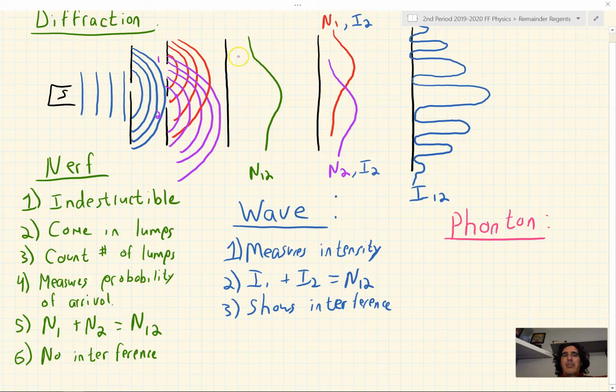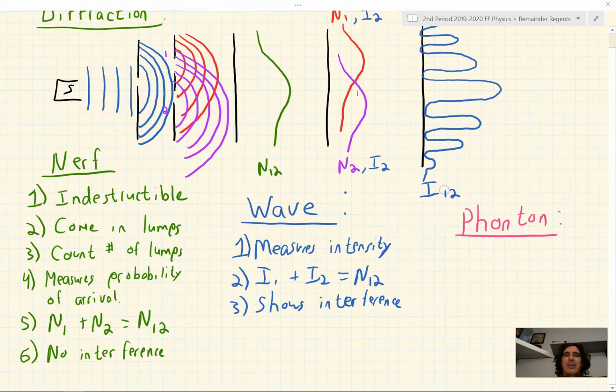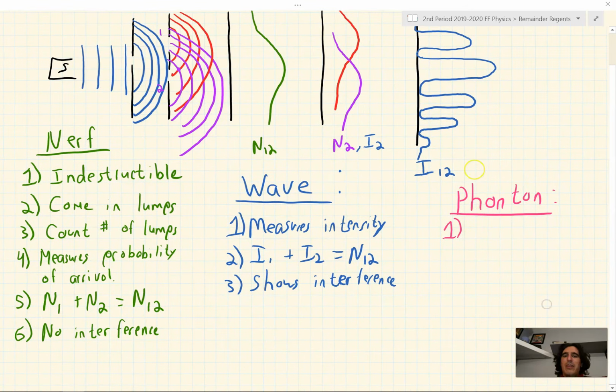So we're going to have a whole bunch of detectors along here, which means that we can count the light that hits that detector. Because we can count the light, we could say that photons, just like nerfs, come in lumps.